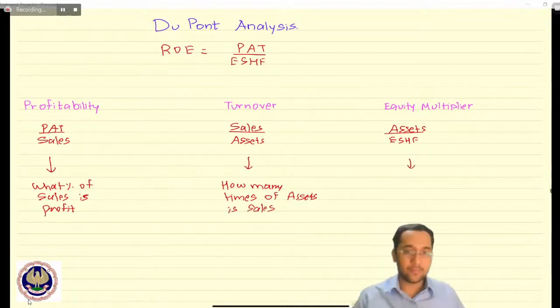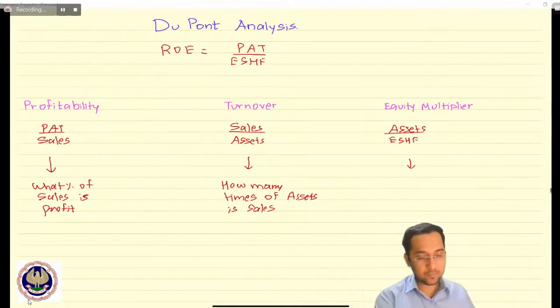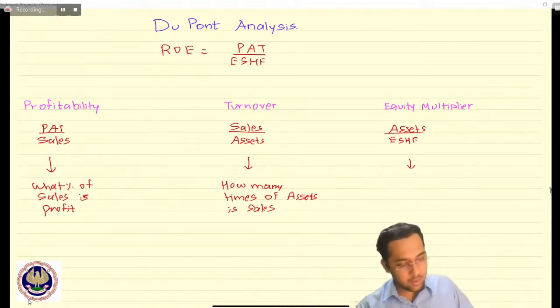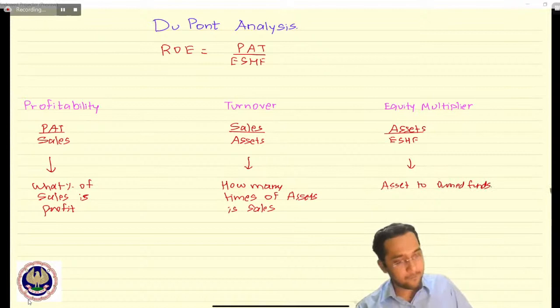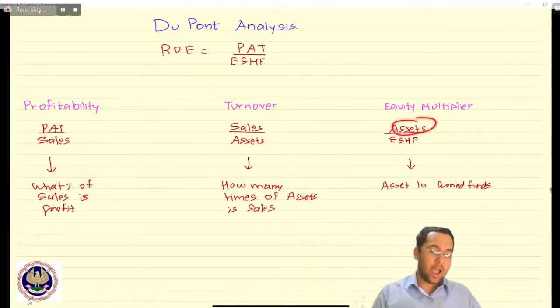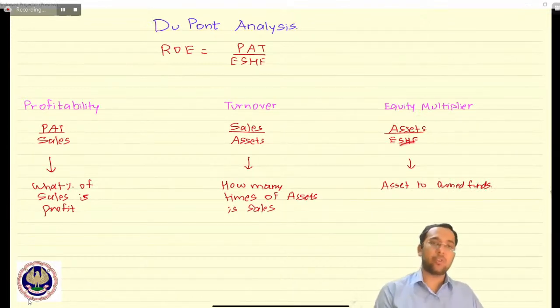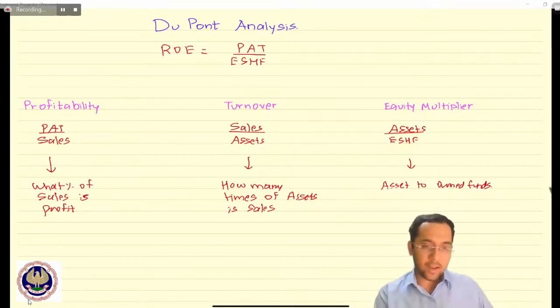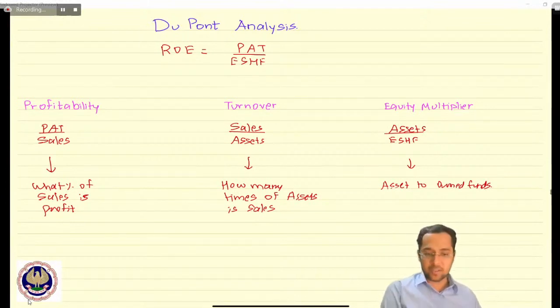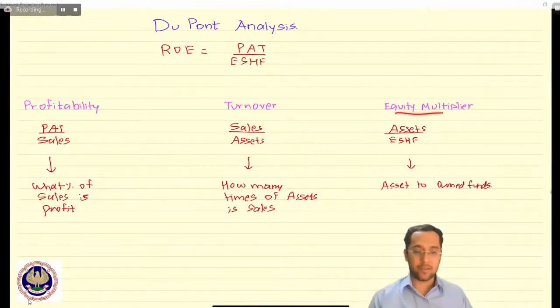Equity multiplier indicates the assets to owned funds ratio. It means if I have more assets than equity shareholders funds, how did I finance those assets? Definitely I would have taken a loan, or maybe issued preference shares. So that's the equity multiplier.